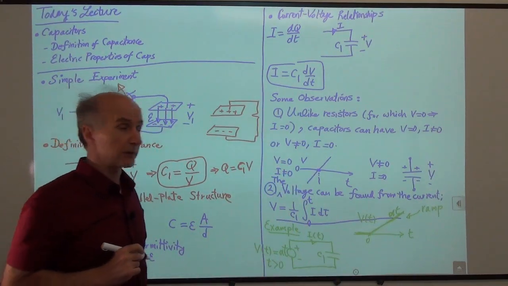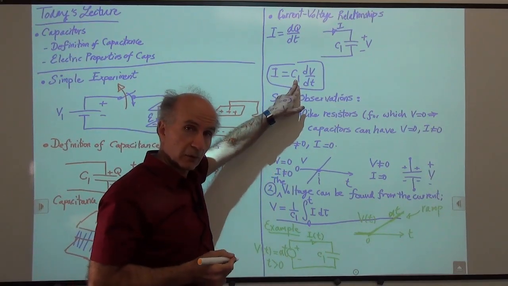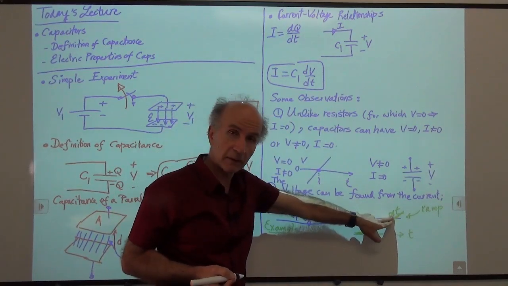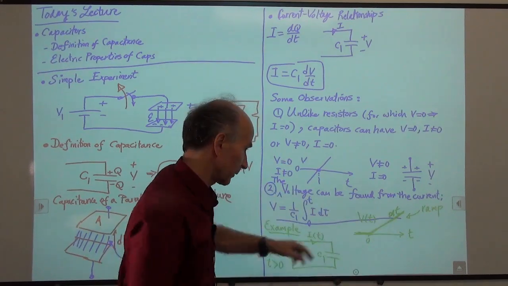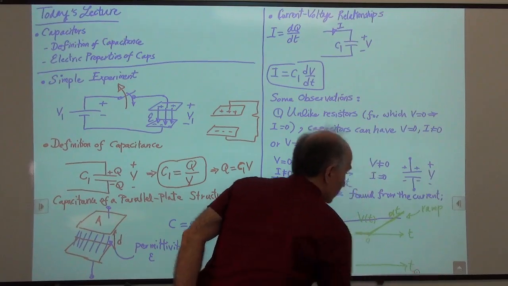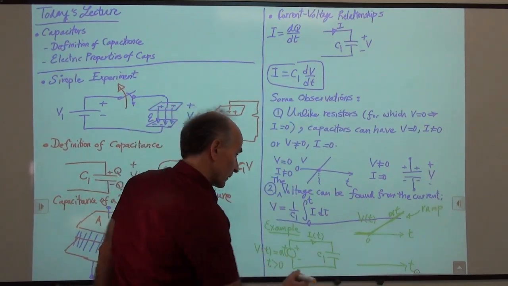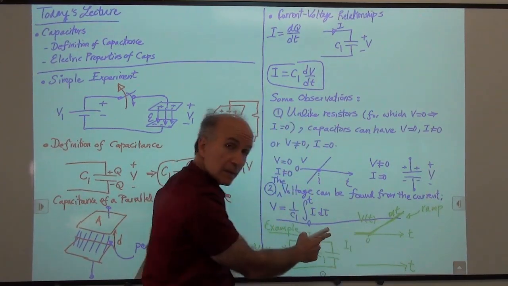Then how much is the current? The current will be equal to C1 times the derivative of the voltage with respect to time. The derivative of this is alpha, a constant, and then multiplied by C1. So let's plot the derivative multiplied by C1. Remember always that there is a C1 here. It's not just a derivative, right? So I1, before time 0, the derivative is 0.